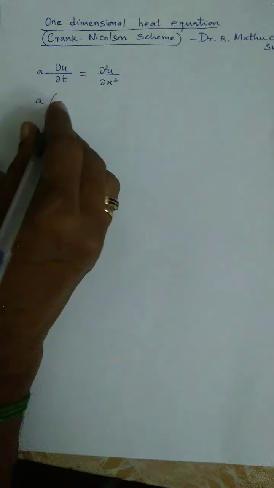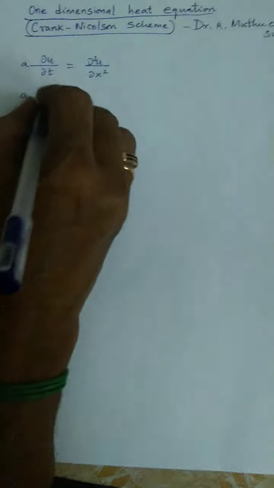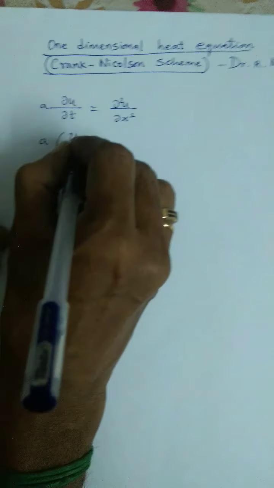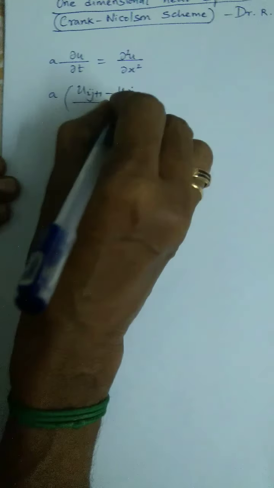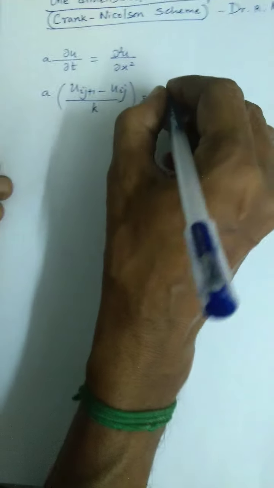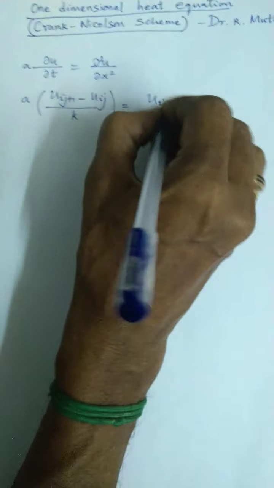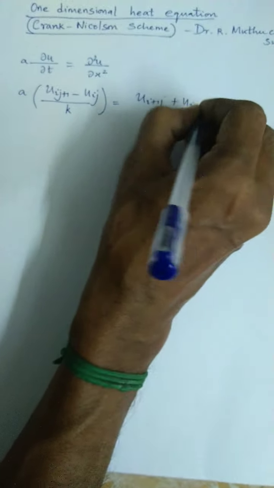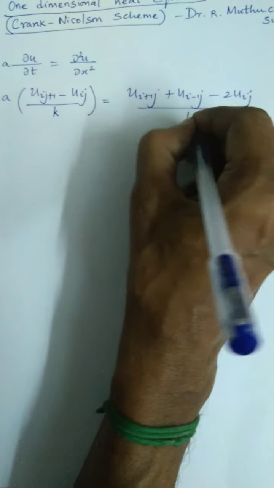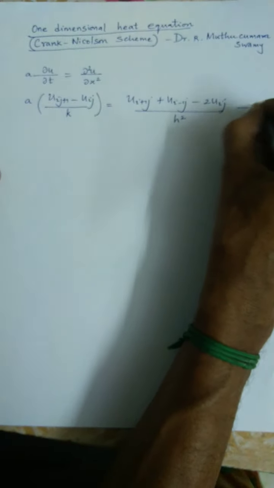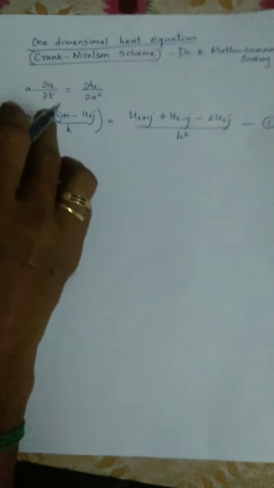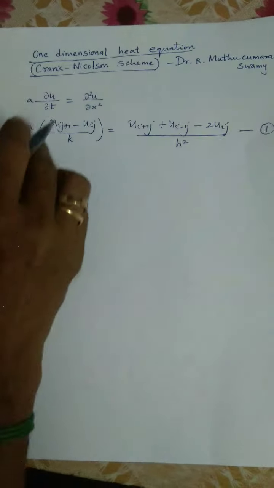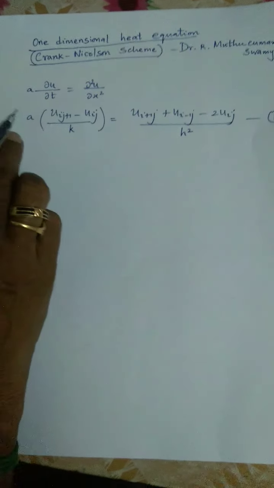So the finite difference scheme for ∂U/∂T, the first partial derivative, is (U_i,j+1 − U_ij) divided by k equals (U_i+1,j + U_i−1,j − 2U_ij) divided by h². I'll call it equation 1. Now take the same equation, and we'll go for another equivalent formula on the left hand side.